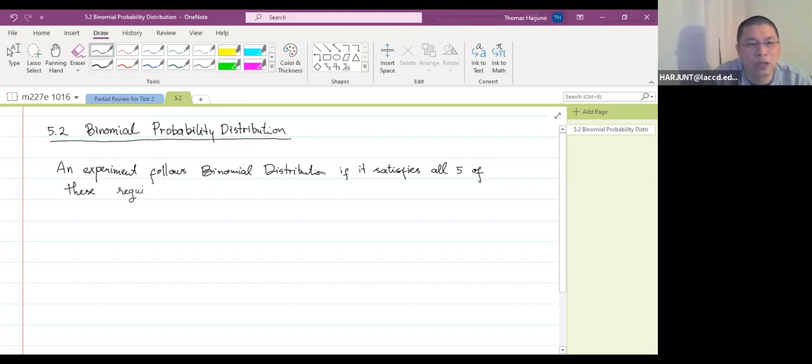Our textbook says only 4, but there are actually 5. The first one: the number of trials is fixed.